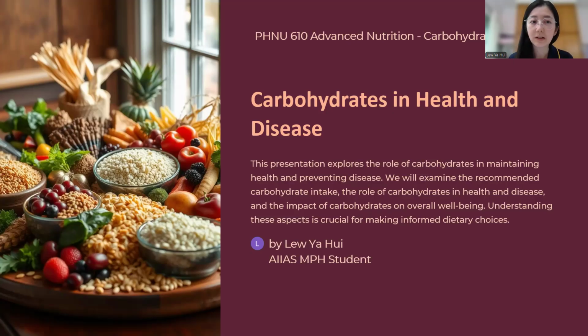So I just want to let you know there are three major food groups in our macronutrients, which are carbohydrates, proteins, and fats. And in this presentation, I will only focus on carbohydrates. Carbohydrates are our primary source of energy, providing fuel for our body's activity, and include sugars, starch, and fiber.